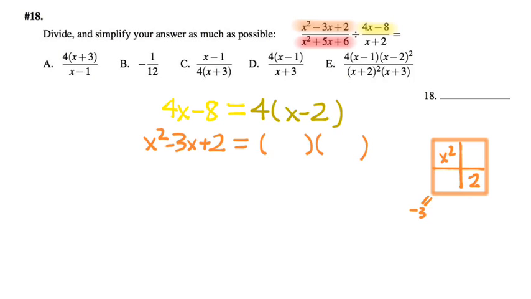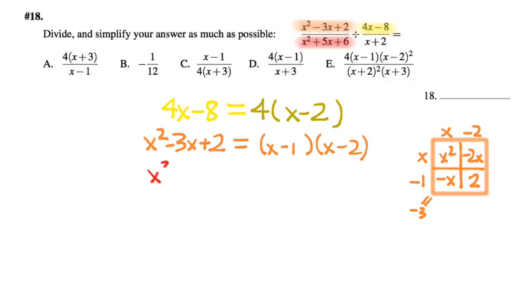What pair of whole numbers fits that bill? Negative 1 and negative 2. Yeah, that'll do it, because then this is minus 2x, this is minus 1x. Add them together, we get minus 3x. And there's a factorization for the upper left-hand factor in this pair of rational expressions.